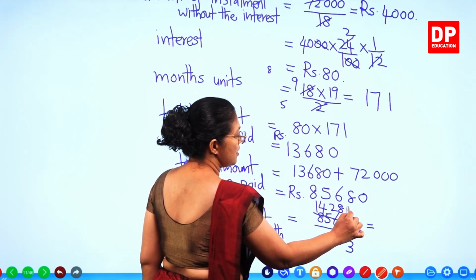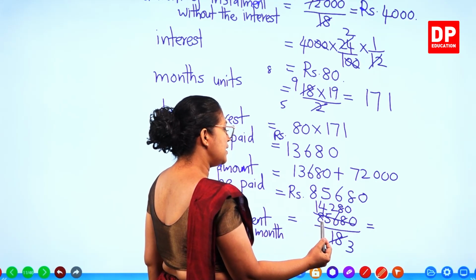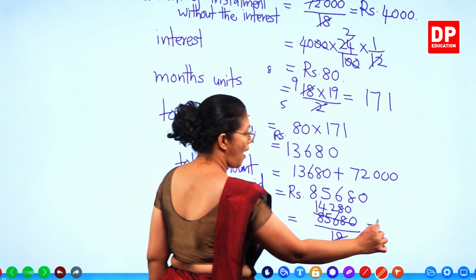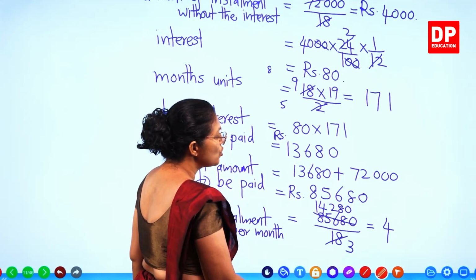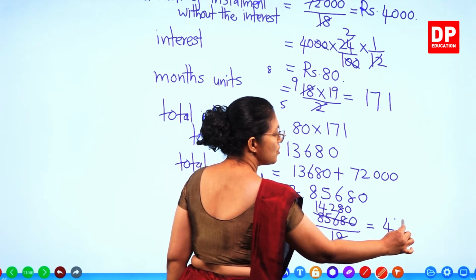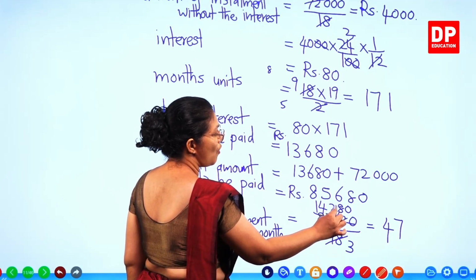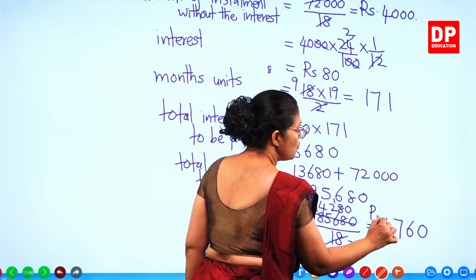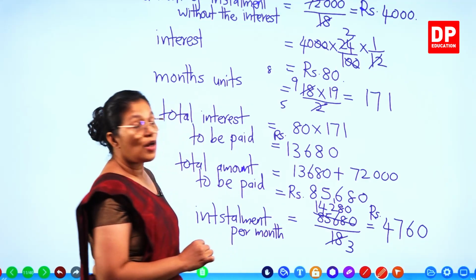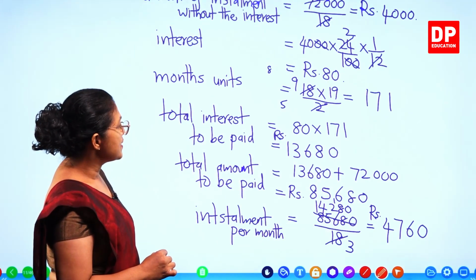And then 0. Now we can divide by 3. 3 times 5, 15. So 3 times 4, 12. 22, 3 times 7, 21. 18, 3 times 6. So the installment needs to pay is 4,760 rupees.